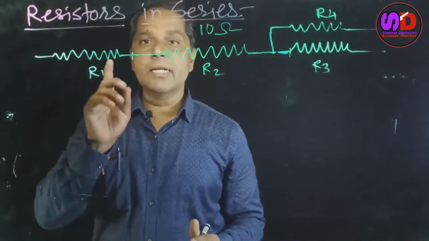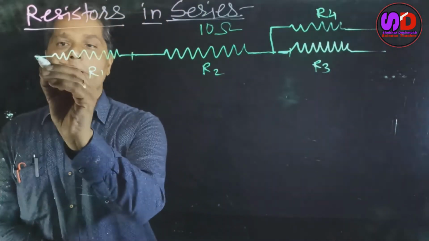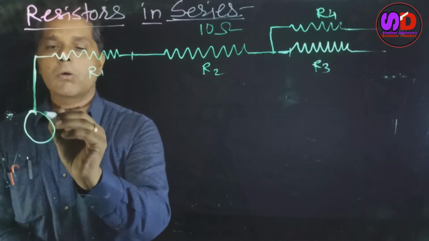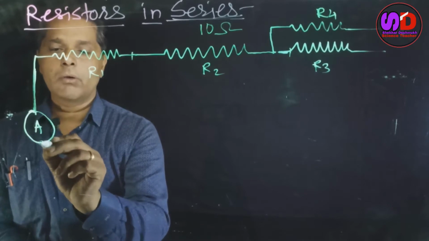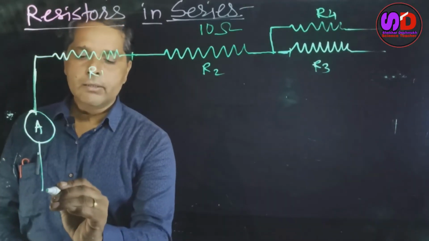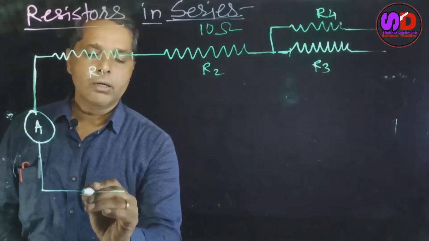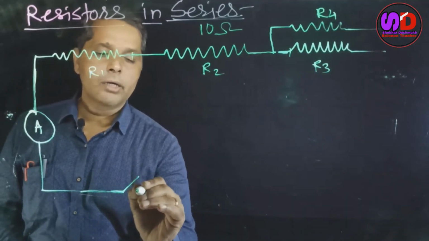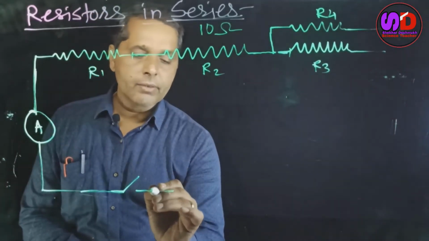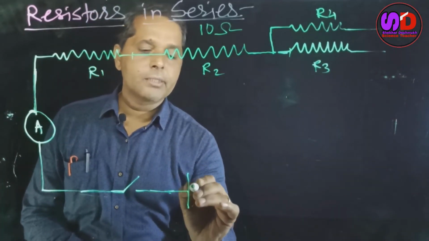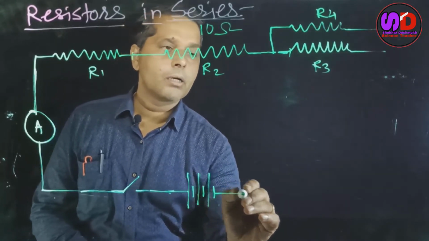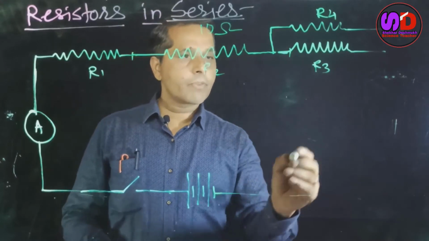Let us complete this circuit first. We connect an ammeter here to calculate the current, a tap key is connected in series also, then we connect a cell or a battery here in this way.